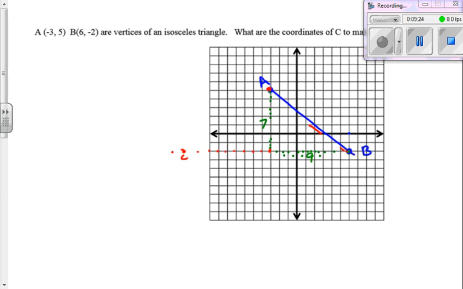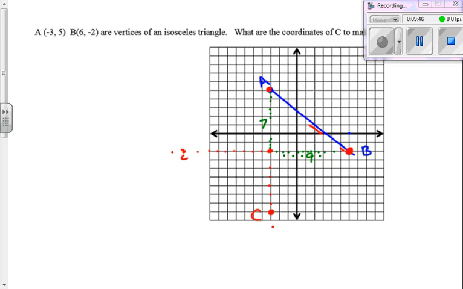So then let's try making B our vertex. If B is the vertex in the middle, I know my C is going to end up somewhere down here. So let's count. From A to here is 7. So I'm going to count 7 more the other direction. 1, 2, 3, 4, 5, 6, 7. Okay, this one fits, so it's probably a better choice.